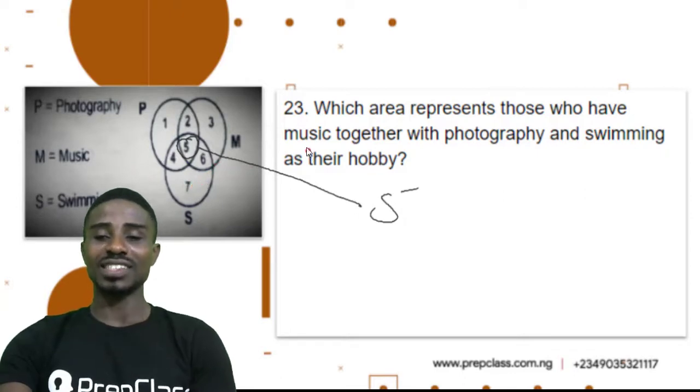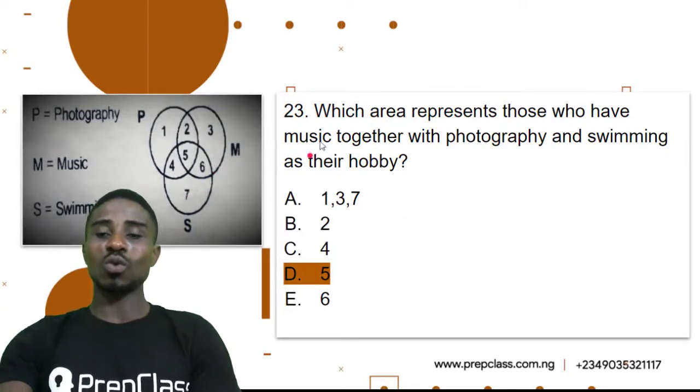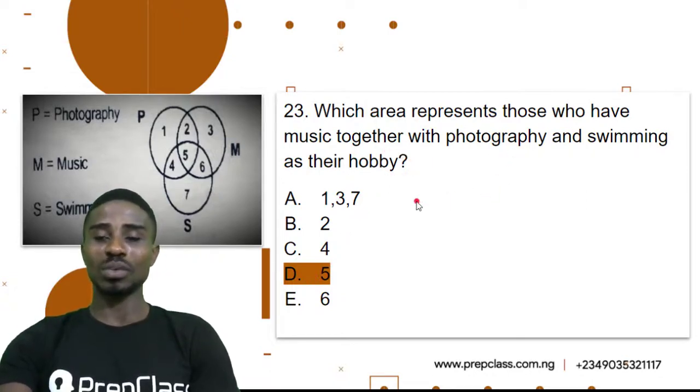Let's check out the correct answer. So question 23, our correct answer would be option D, which is 5, because 5 has to do with music, photography, and swimming.